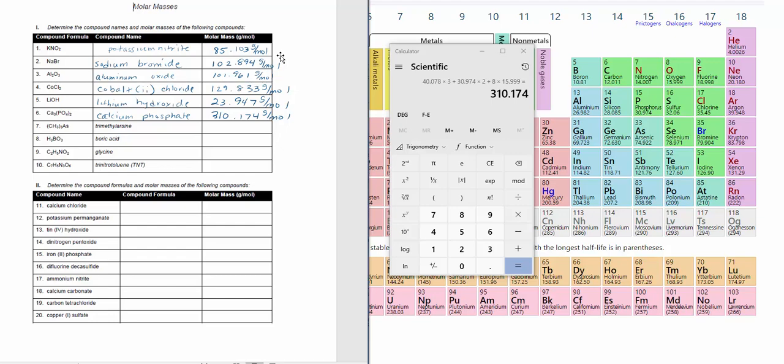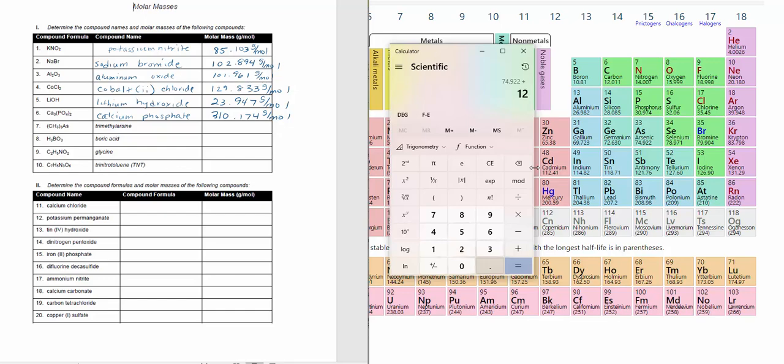Now, there are a couple of tricky compounds down here, and the names are given to you. So trimethylarsine. We're going to start with arsenic because it happens to be right here. In row 4, column 15, it is atomic number 33, arsenic. It has a mass of 74.922. I have one of those in trimethylarsine. And I have 3 carbons.